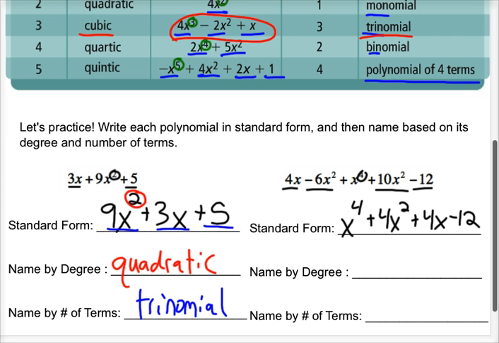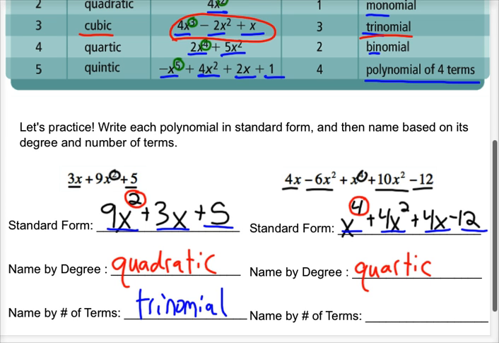So again, the new piece there is not only for standard form are we talking about putting it in order, but we're also referencing combining like terms, okay? So let's name it. Based on the degree 4, if you look up at your table, degree 4 means quartic. And if I name it based on number of terms, 1, 2, 3, 4, 4 terms.